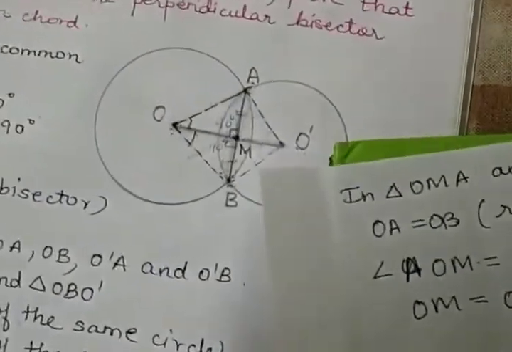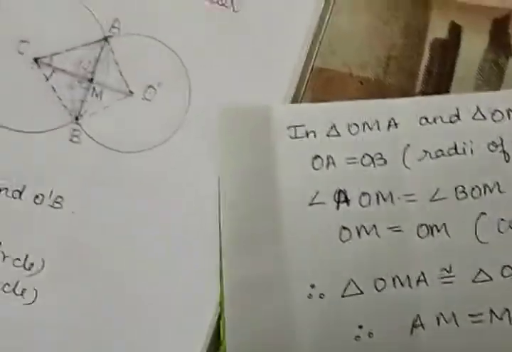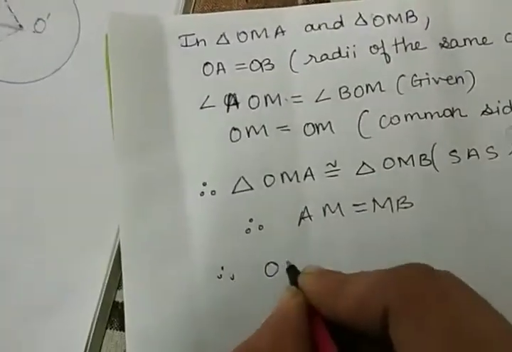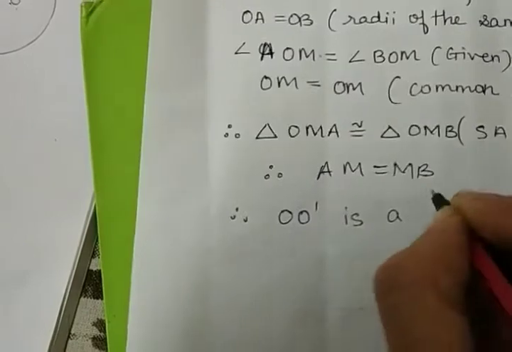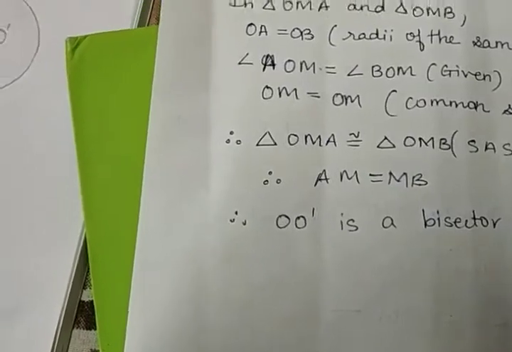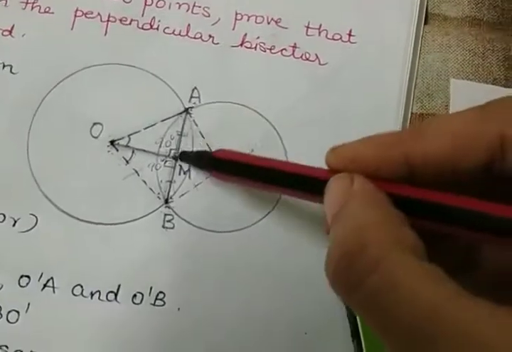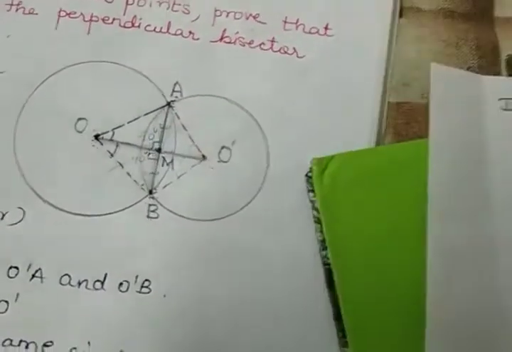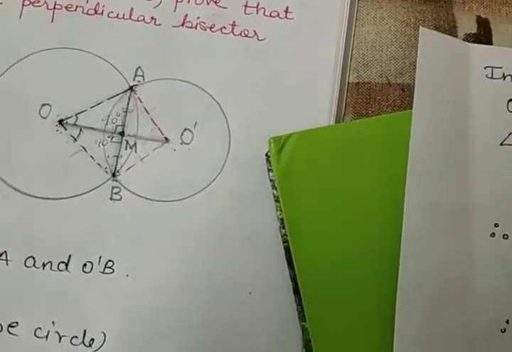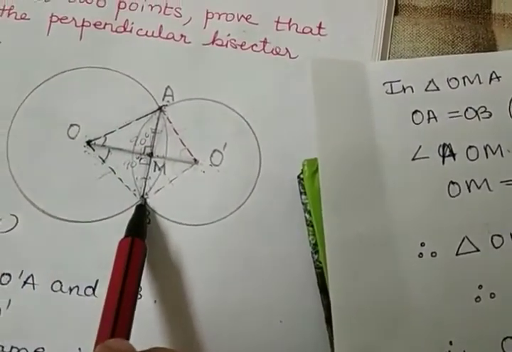Since AM is equal to MB, therefore OO dash is a bisector of AB. Okay, because you see that these two sides are equal, so it has to be a bisector. Now therefore you know that angle OMA should be equal to 90 degrees and OMB also should be 90 degrees.